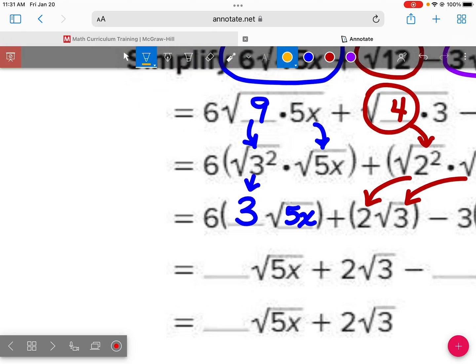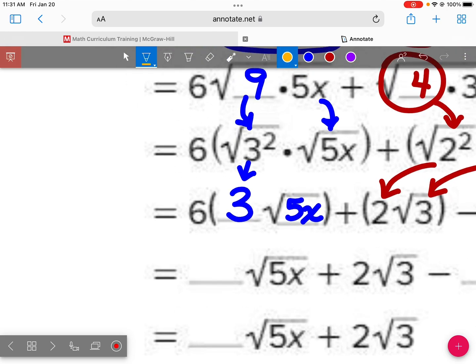All right. Do you guys see how this 6 is not under a radical? 6 is not a radicand. 3 is not under a radical either. I'm going to take those pieces and multiply them together. It's only going to distribute to the part that's not under the radical. So what do I get when I multiply the 6 and the 3 together?